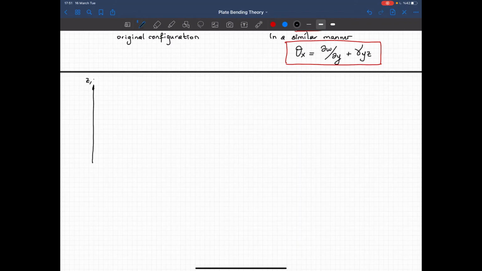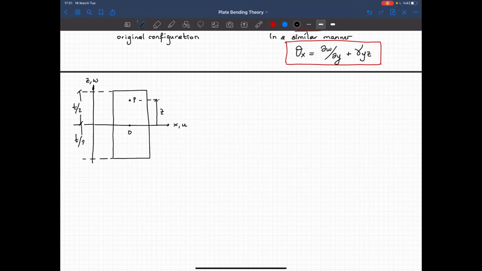Then again, let's take this and exaggerate. This is Z and W. That's X and U. That's our fiber. Again, that's point O, that's point P. This distance is Z. That's T over 2.